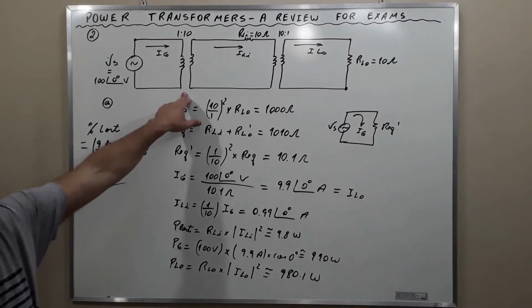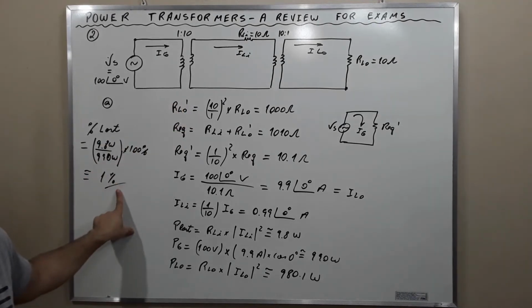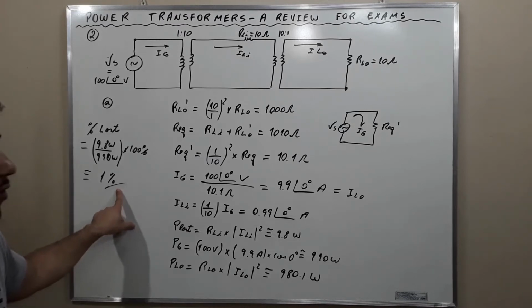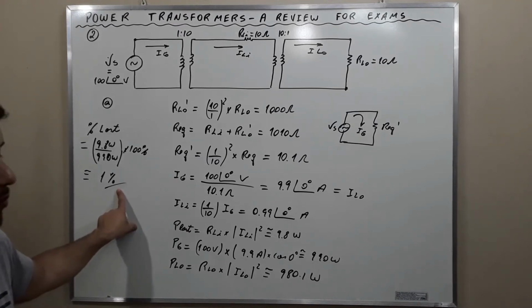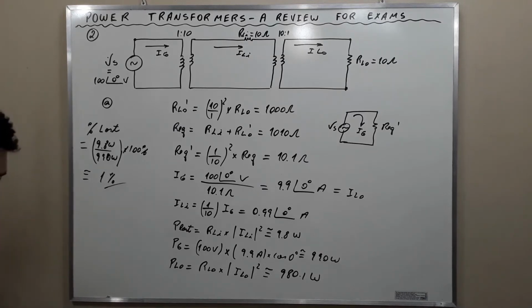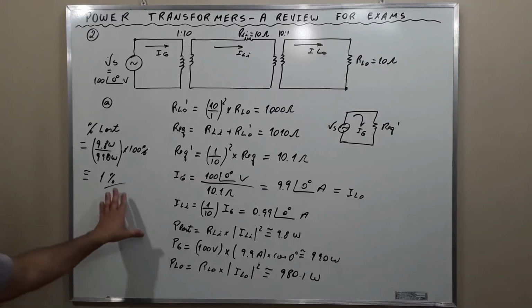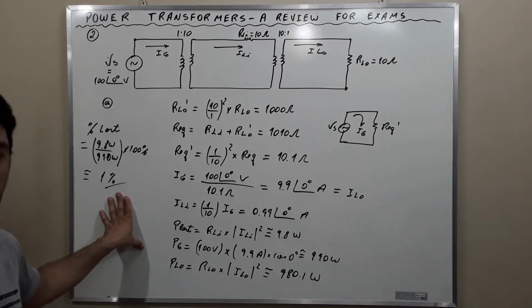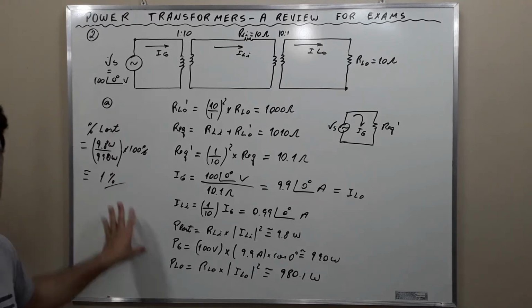And with the use of two power transformers, we have greatly reduced it from half to only 1%. With two 10-to-1 power transformers, we reduce the level of losses from 50% to only 1% of the generated power. This result demonstrates how important transformers are for power systems.